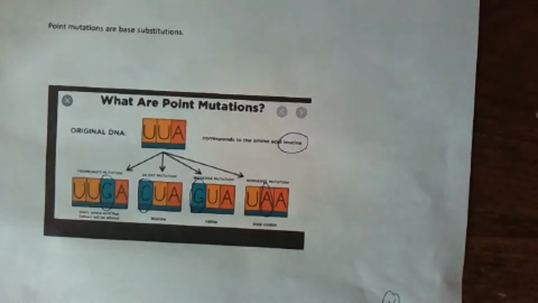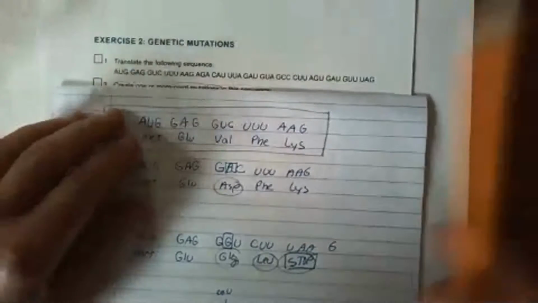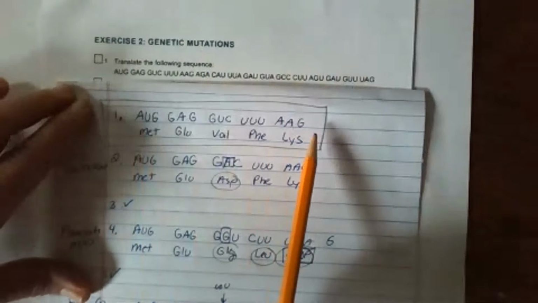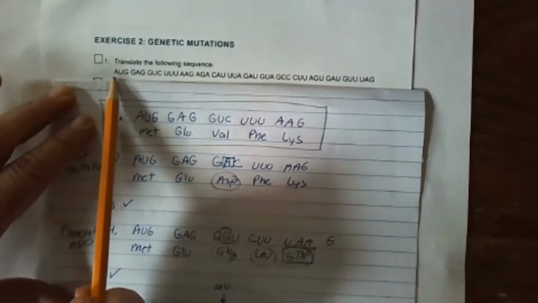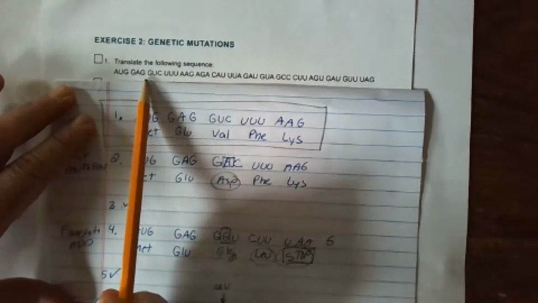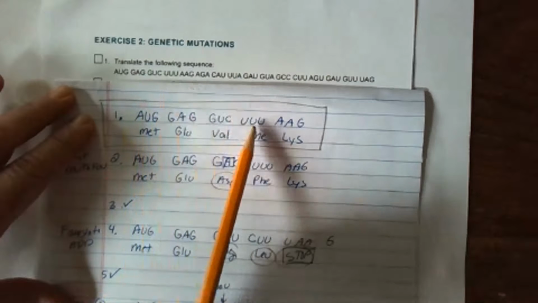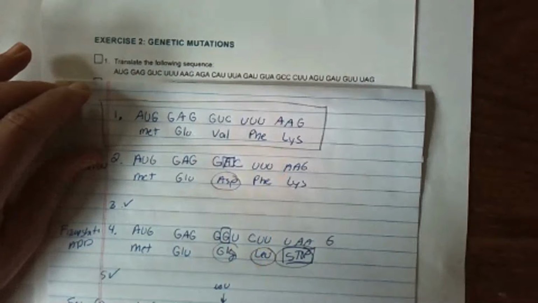All right, let's take a look now at your homework. I did the start of it, so let's see what I did. Your homework says to translate the following sequence. What I'd like you to do first is to copy down that sequence, either type it or copy it down. It's AUG, GAG, GUC, UUU, AAG. Then use the codon chart.